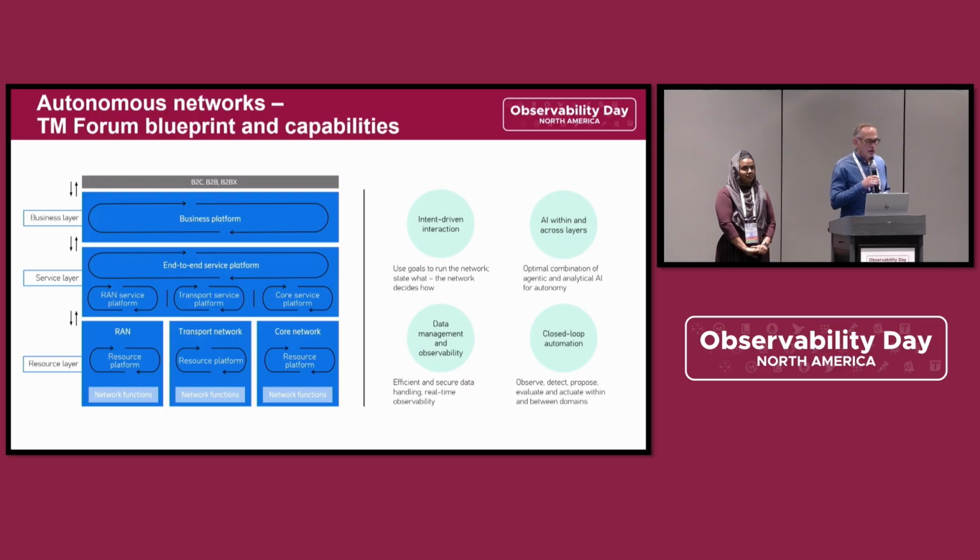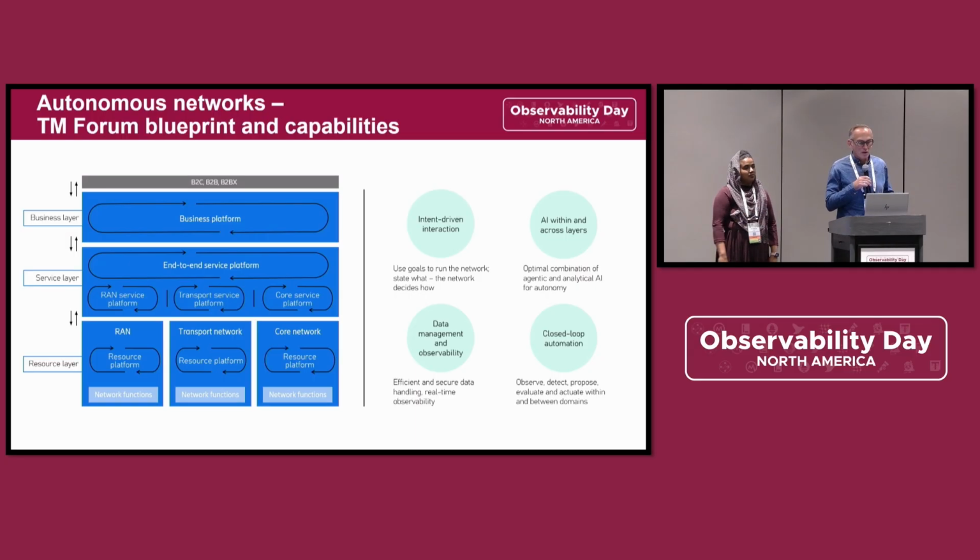We usually divide the main domains into the radio access network, the RAN, which is basically the radio systems, the antennas and their corresponding applications. Then we have transport, and the so-called core services, which are the more logical functions in mobile networks specifically. And then on the resource layer, we have these individual domains, which I've explained right now.